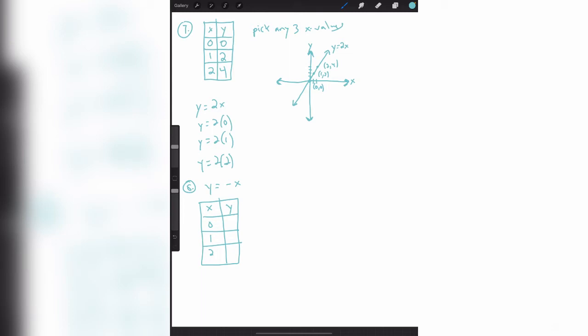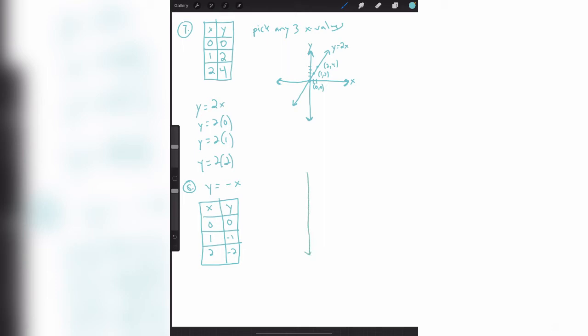So in this, y is equal to negative 0. If I substitute in a 0 there, there's no such thing as negative 0. 0 is just 0, okay? But if I substitute a 1 in, y is equal to negative 1. And then also if I substitute this 2 in here, I get negative 2. All right, so those are my values.